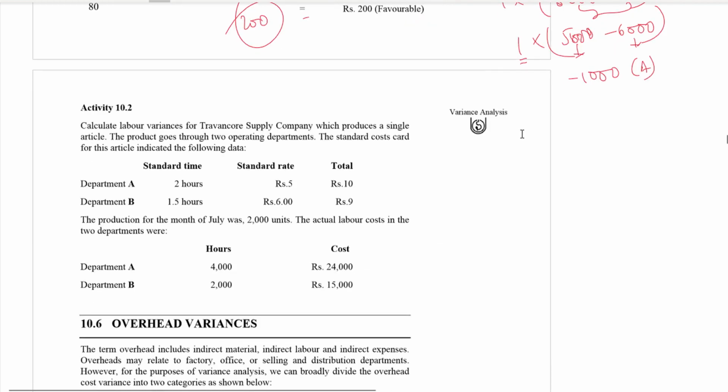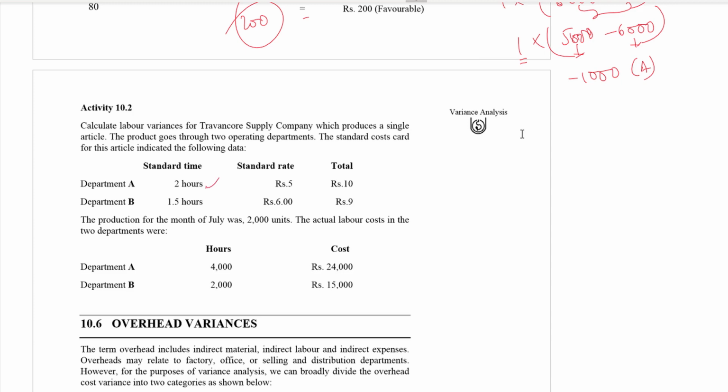We will take another example here also, and we will see. Calculate labor variance for Travancore Supply Company, which produces a single article. The product goes through two operating departments. The standard costs for this article indicate the following data. Okay, department A standard time, estimated time, is 2 hours.